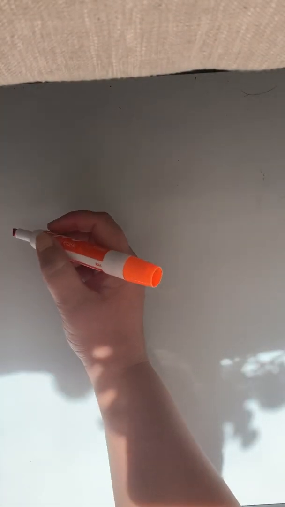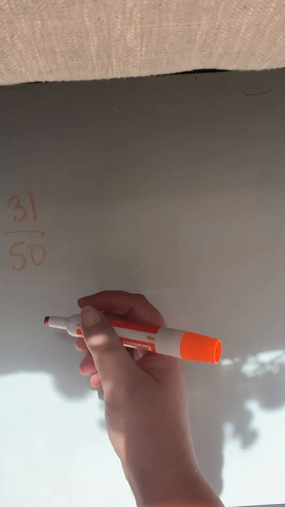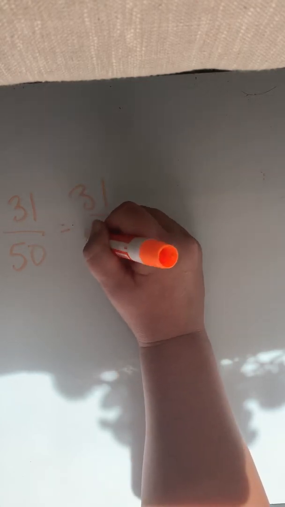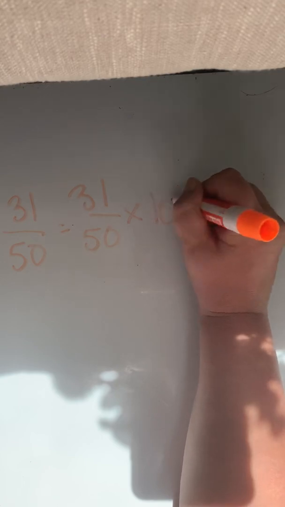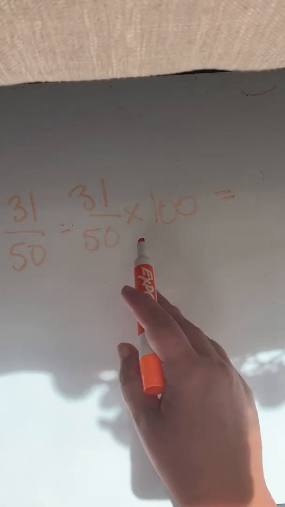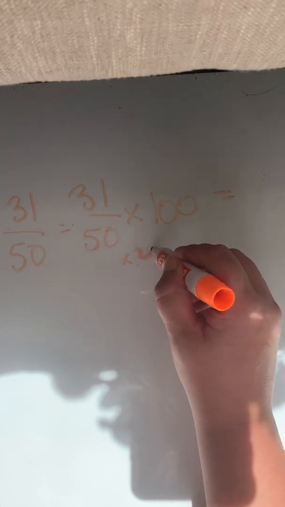So if you have 31/50ths, and then that equals 31/50 times, they want you to do it this way for now, so let's just do this. Equals what percent? All right. So what I'm going to do is I'm going to come down here and I'm going to think, okay, 50 times what got me to the 100? Well, 50 times 2, right?